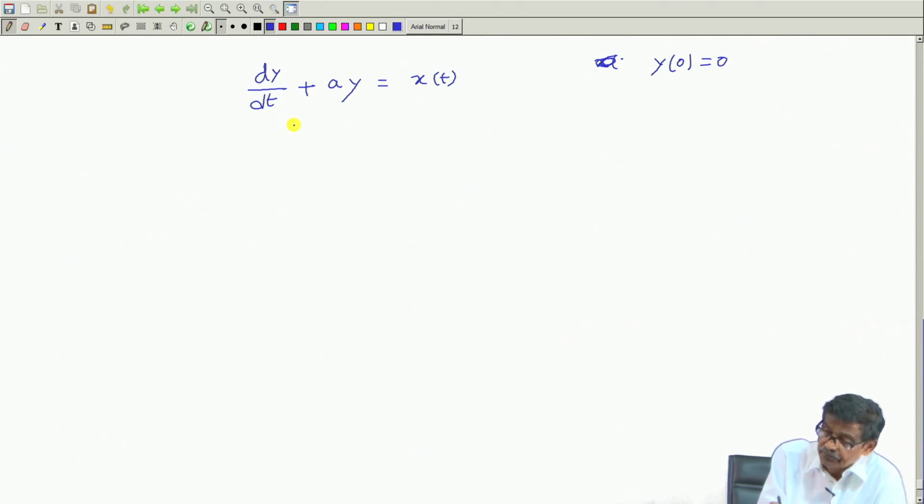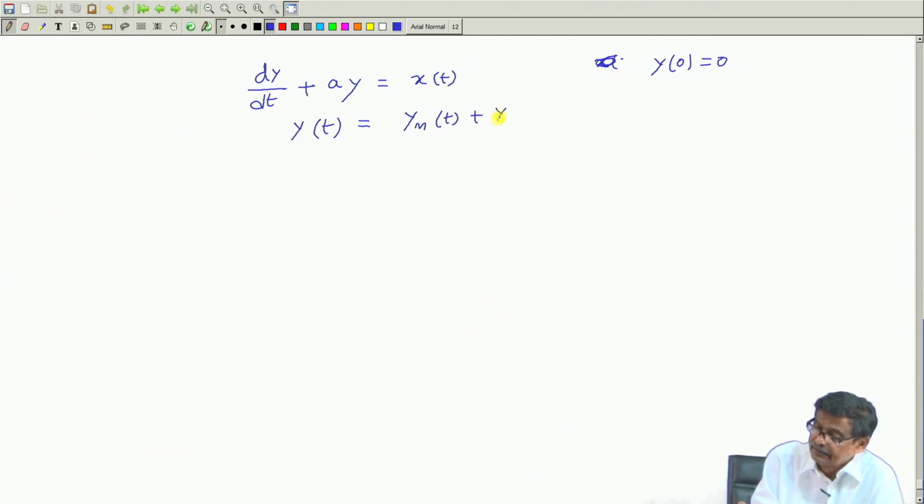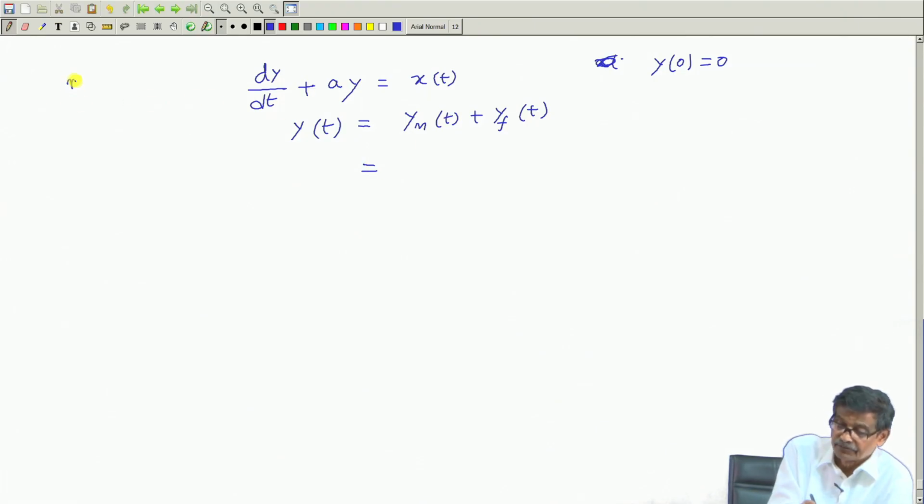And I told you, let me write it many a time so that you understand, this solution consists of a natural part plus a solution due to the forcing function, which will depend on x(t) alone, and the solution due to the natural response you get from the characteristic equation.